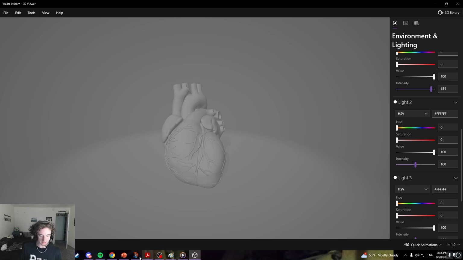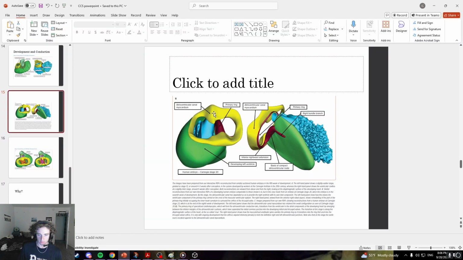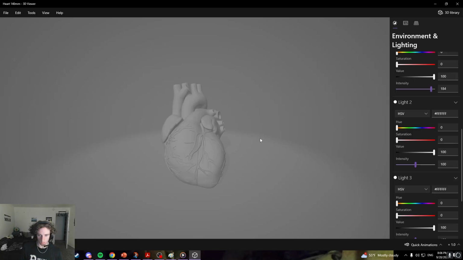So with this diagram in particular, what are we looking at? Well, we're seeing this kind of cutaway, with the left ventricle and the right ventricle cut away. So we would essentially be looking like here, right? All of the atrial sections have been cut away, and the right ventricle would be cut away, and we'd be looking at this view, where we see the left ventricle from this angle.